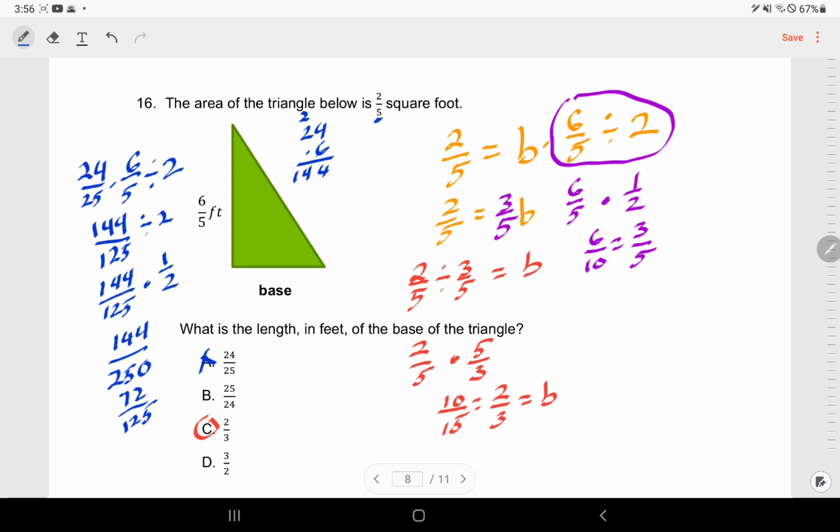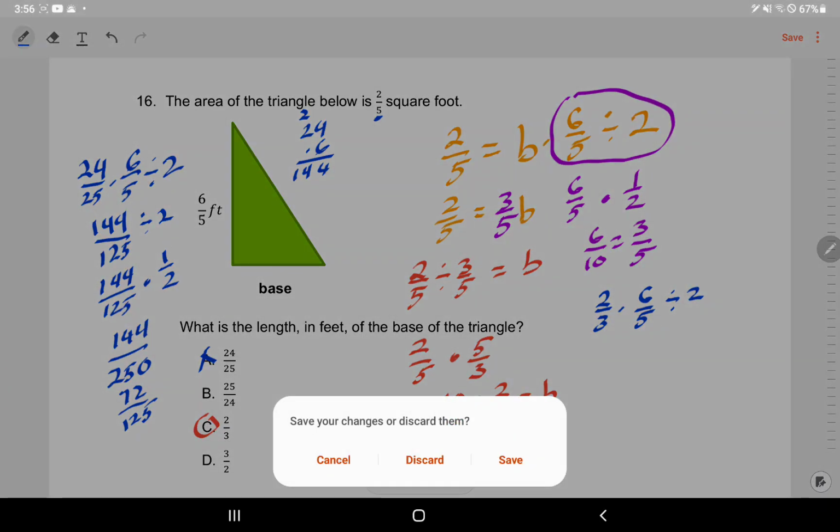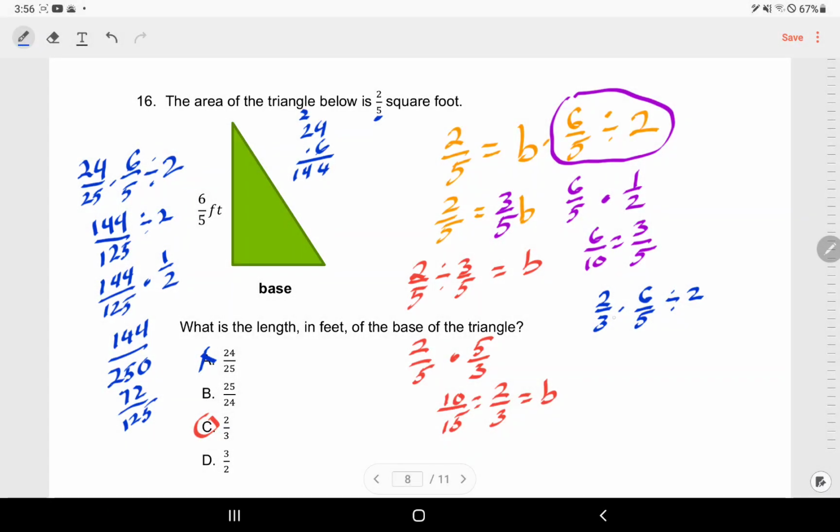And so if we do 2 over 3 times 6 over 5 divided by 2. 2 times 6 is 12. 3 times 5 is 15. Divide by 2.